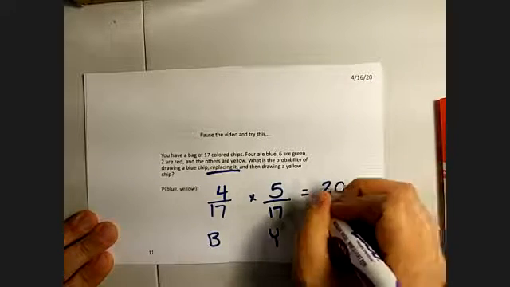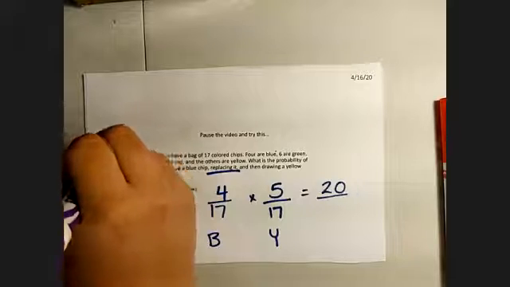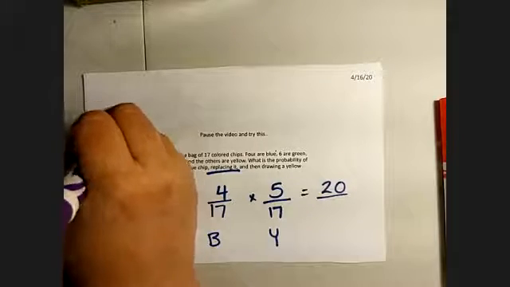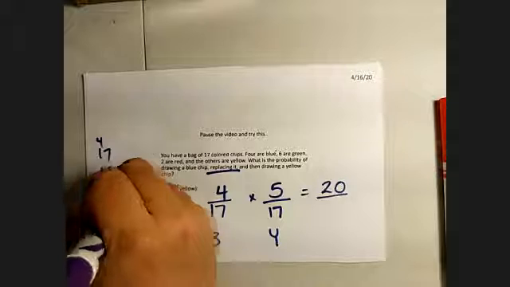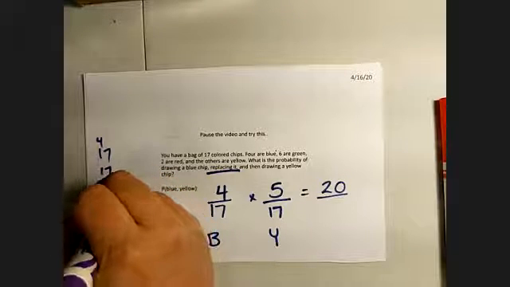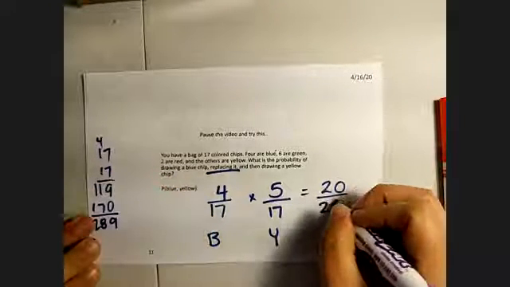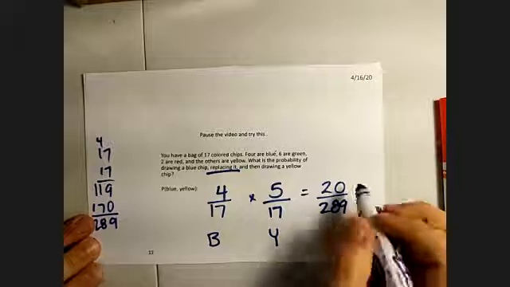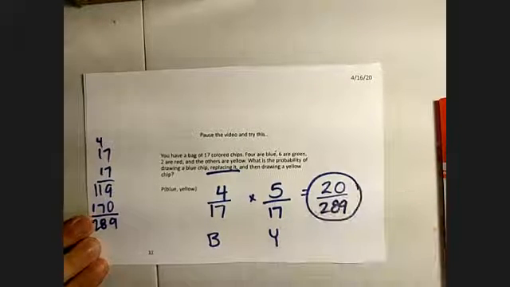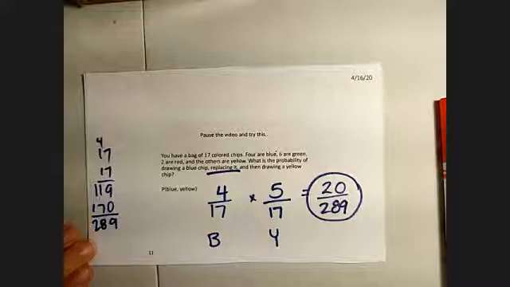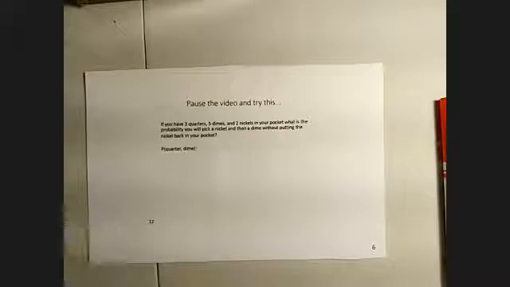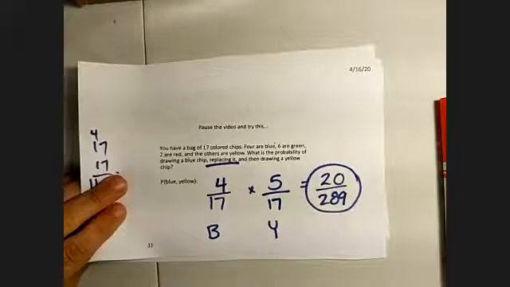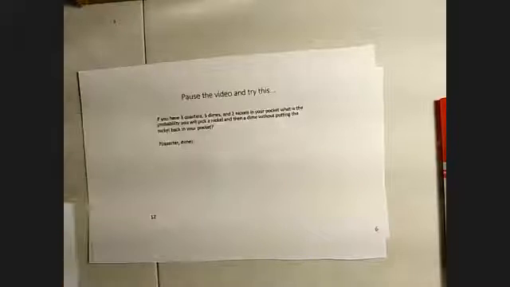This is going to be 20 over 17 times 17, which is 289. Sorry guys, I'm using my phone as my Zoom, so I can't multiply. So I've got 20 over 289. Now, this was an example of independent events because they didn't impact each other.